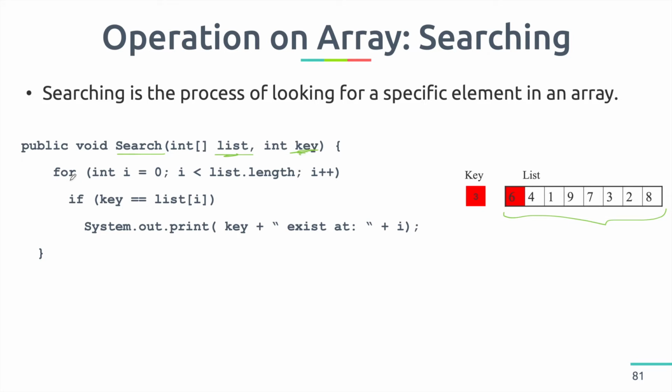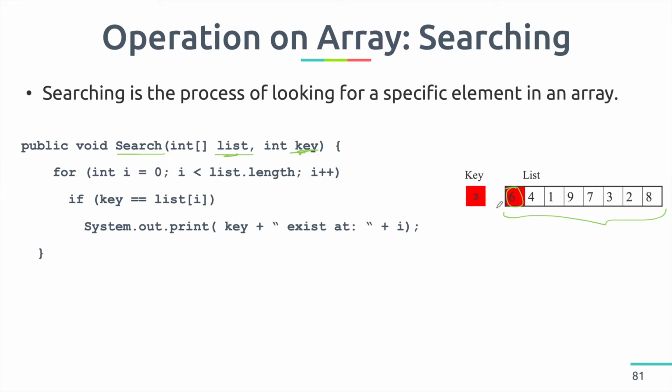So we will start our for loop from the first index. We will check that I is less than the length, and we keep incrementing I. And then our condition will be if the key is equal to the list element that we're at right now at index I, then I want you to print that the key exists at this index.